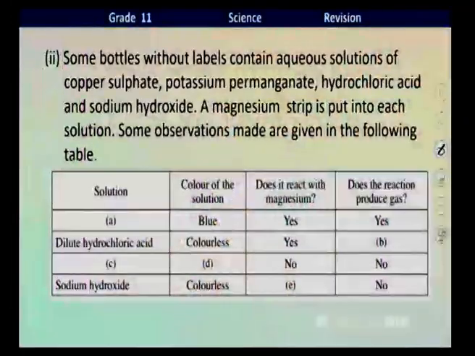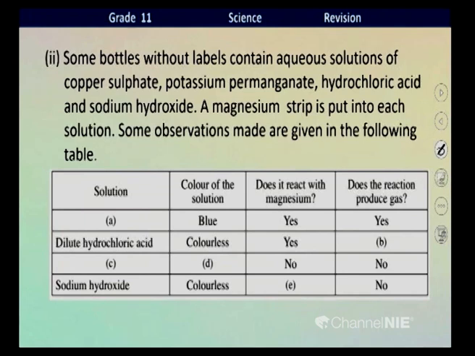Now, look here. Some bottles without labels contain aqueous solutions of copper sulfate, potassium permanganate, hydrochloric acid and sodium hydroxide. A magnesium strip is put into each solution.